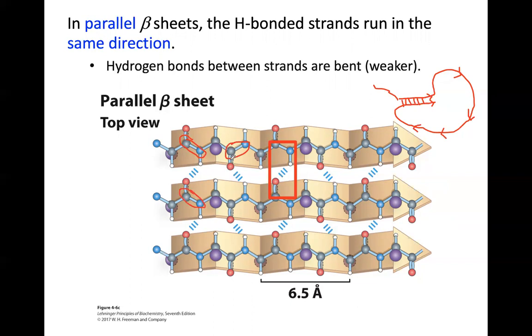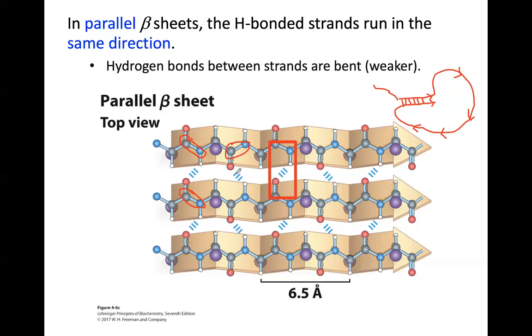And then they switch roles. In the next amide, this carbonyl is a hydrogen bond acceptor, this one a hydrogen bond donor. Donor, acceptor, donor, acceptor, donor, acceptor. And the opposite on this one. Acceptor, donor, acceptor, donor, acceptor, donor.